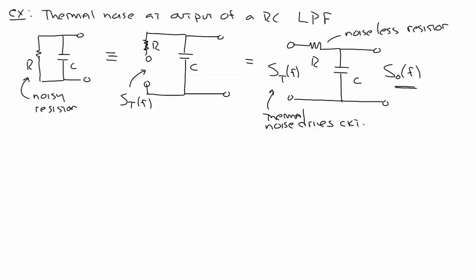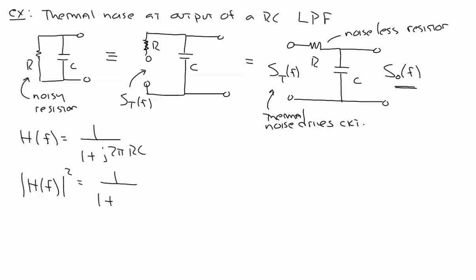The transfer function through voltage division is just, we've seen this before, 1 over 1 plus j2πRC. The modulus squared, oops, I should probably put an f there since I'm using regular frequencies today. My modulus squared of my transfer function is just 1 over 1 plus (2πfRC) squared.